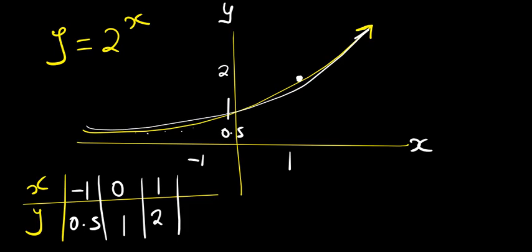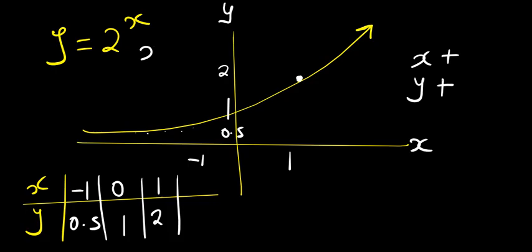Now let me give you a clue here. You also look at the value of the function and the value of x. The value of x here is positive, and the value of the whole function is also positive. So the key thing is the values of y that are positive and the values of x that are positive. Where is y positive and where is x positive? x is positive here, y is also positive here.